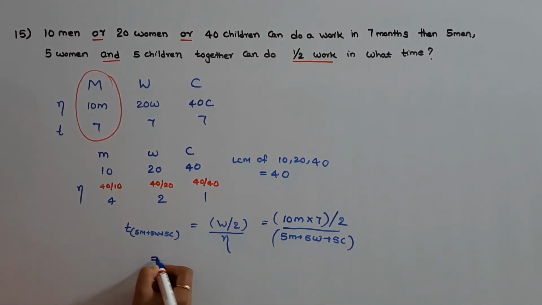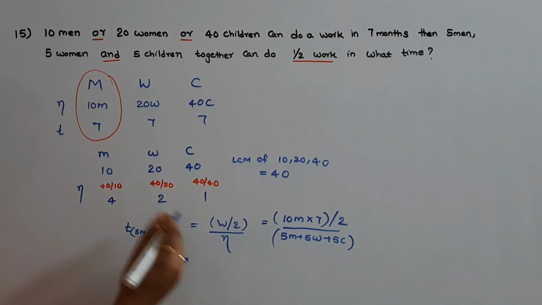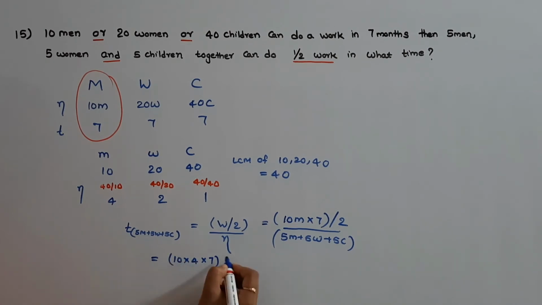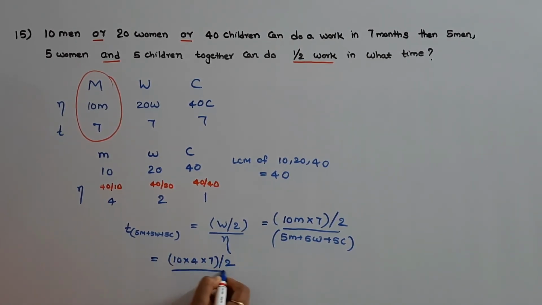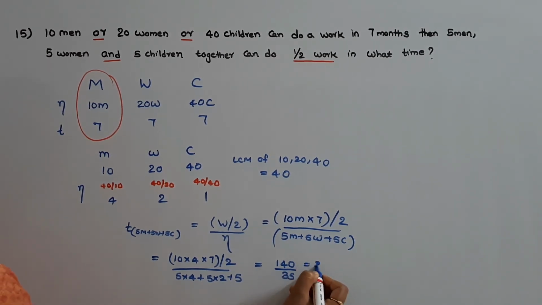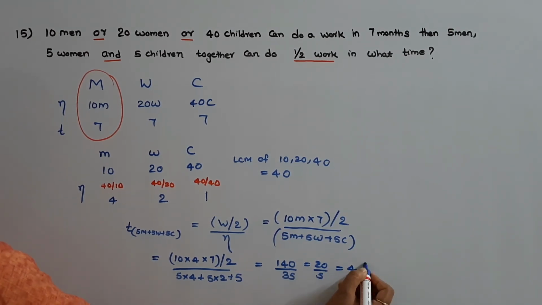That is 10 into 4 into 7 divided by 2, by 5 into 4 plus 5 into 2 plus 5. That is equal to 140 divided by 35, which is equal to 4 days.